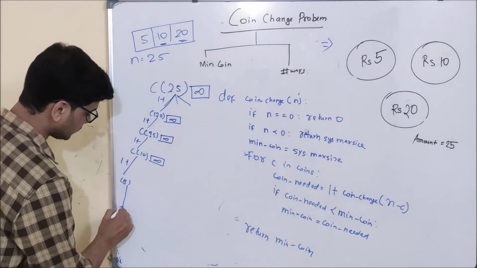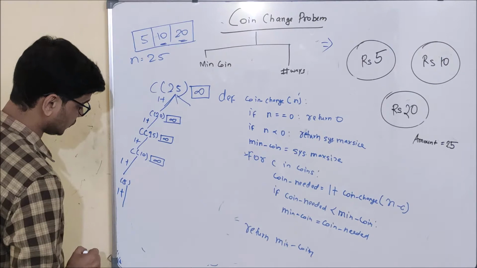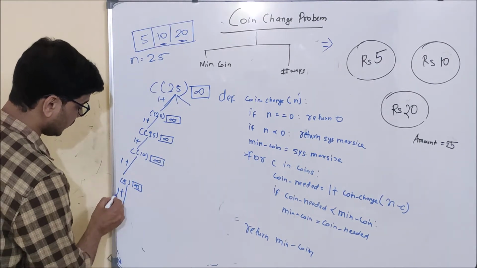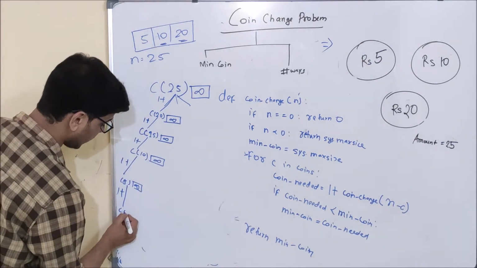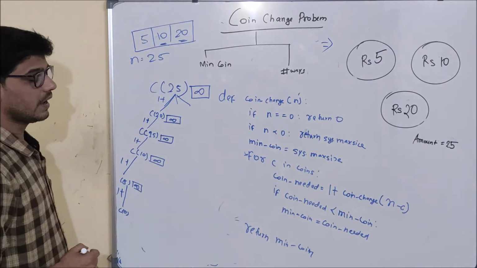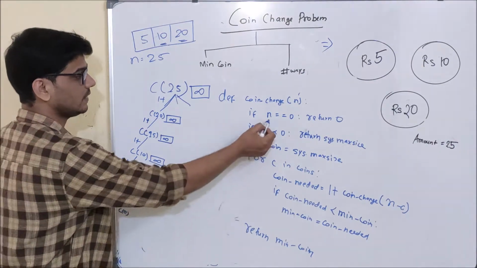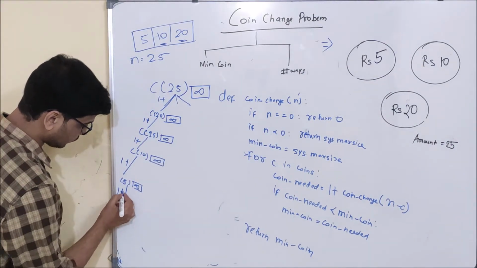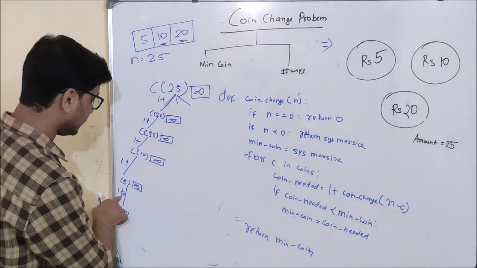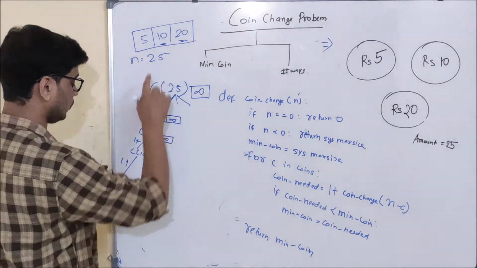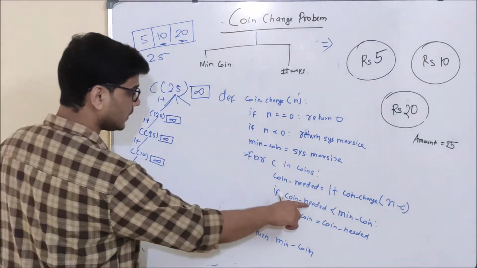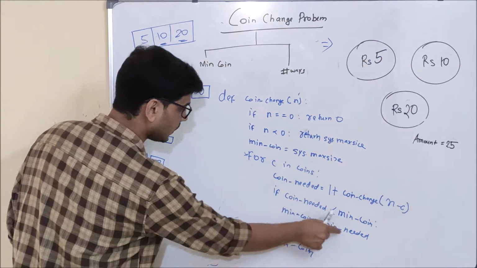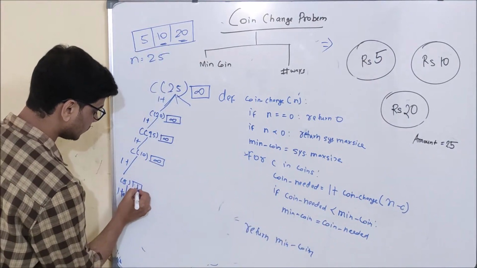Correct? Then again C of 5 will come for its own execution and will create a min coin variable. Then we take the first option and call C of 0. When C of 0 is called, n equal to 0 will be true and 0 will be returned from here. So coin needed is 1 here for C equal to 5, and coin needed is smaller than min coin. Min coin is infinity, so in min coin I will update coin needed.